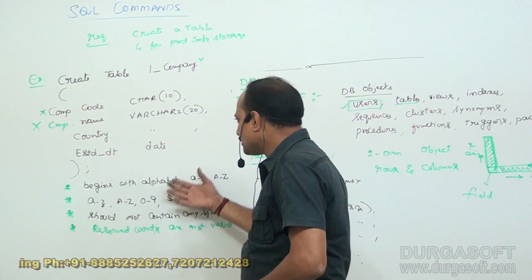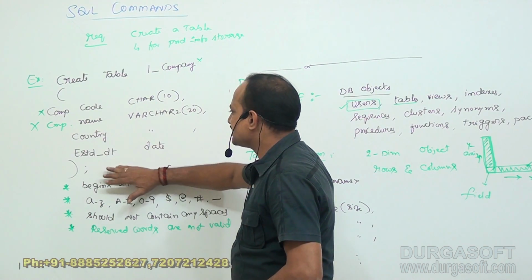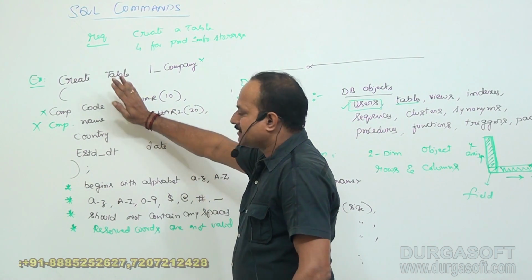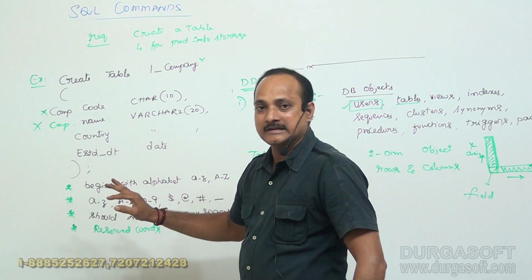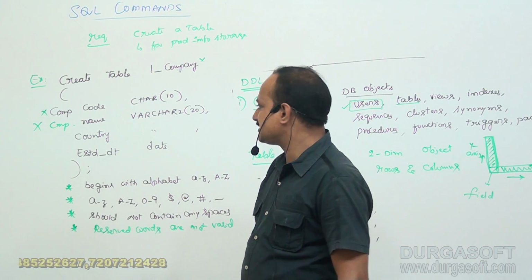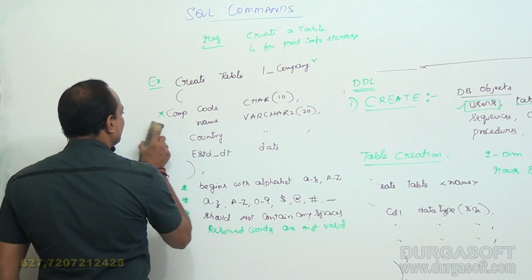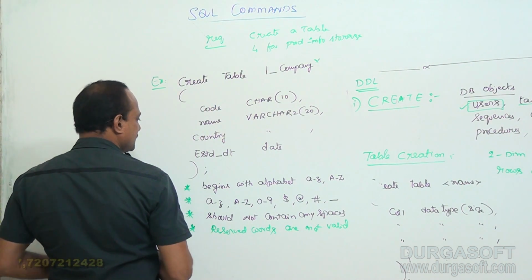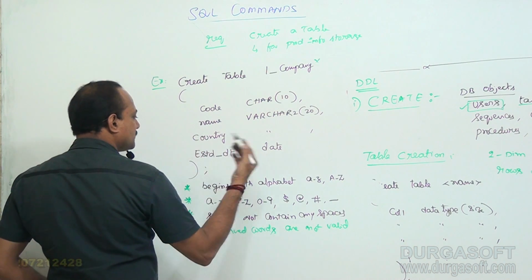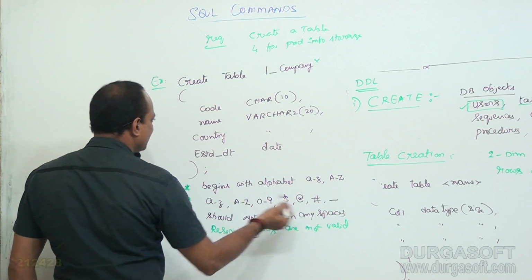So these are the rules you have to follow before specifying column names as well as table names. Remember that. So according to these rules, these are invalid. Don't use spaces. You can use underscore. Don't use dot, because dot is not in the list.